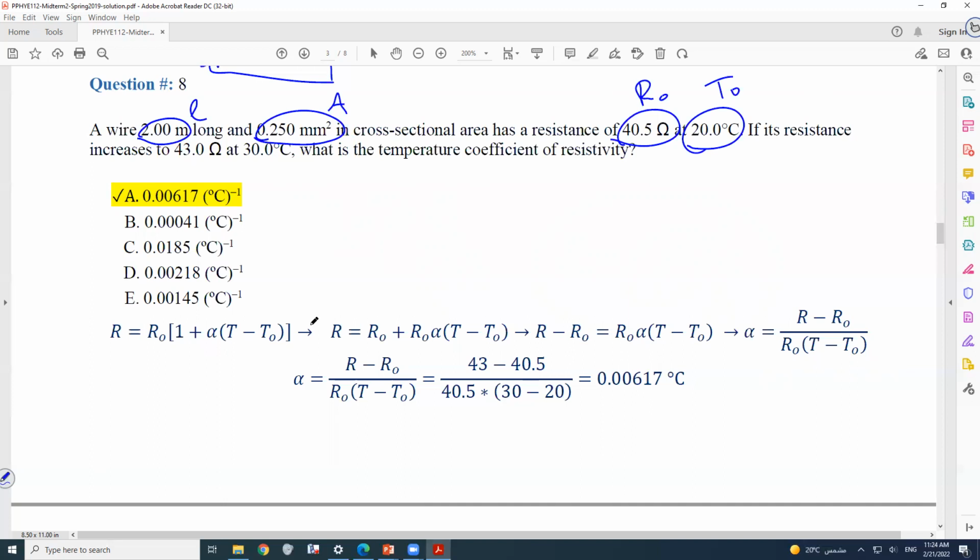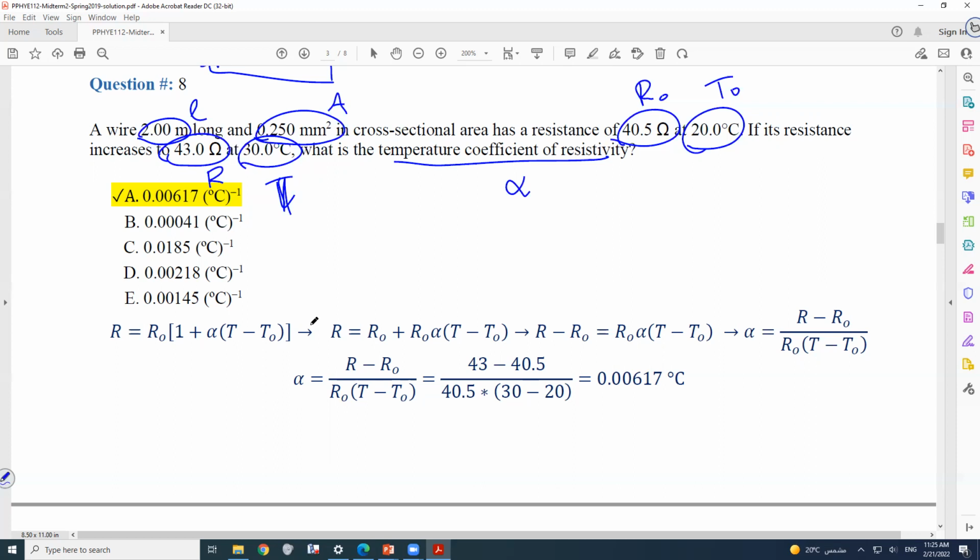And he's saying the temperature is now increased to a different value T. And when you do that, resistance is changed to a different value. He's asking, what is the temperature coefficient of resistivity?